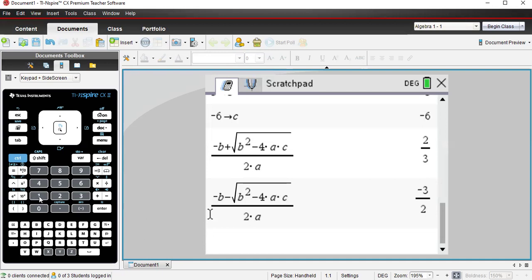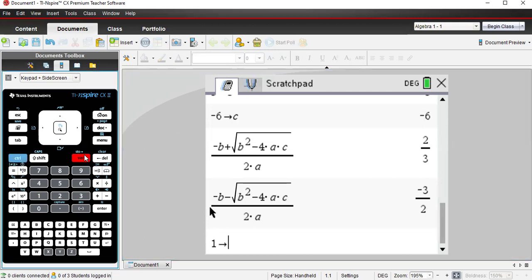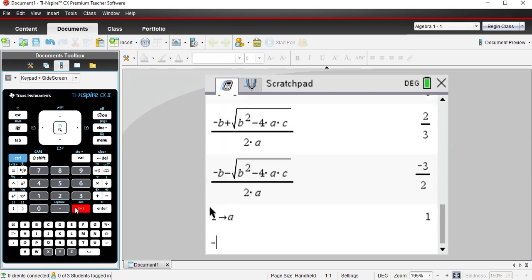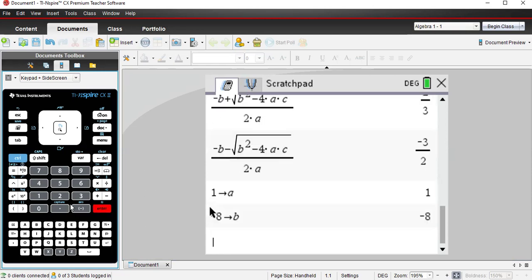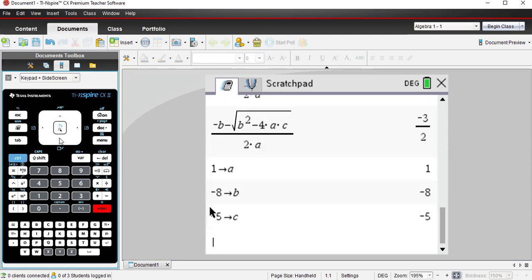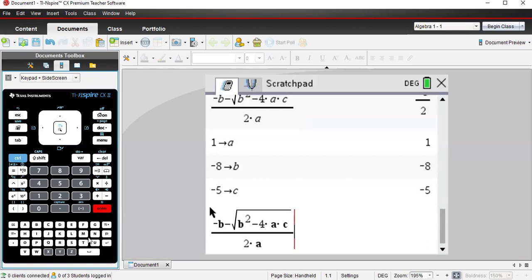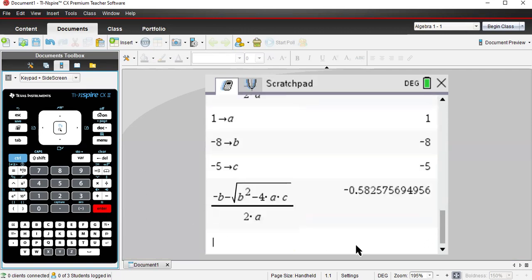I'm going to store 1 into A, a negative 8 into B, and a negative 5 into C. And there we have it. Now I'm just going to go up here and copy the quadratic formula, and then press enter. And it gives me a decimal.